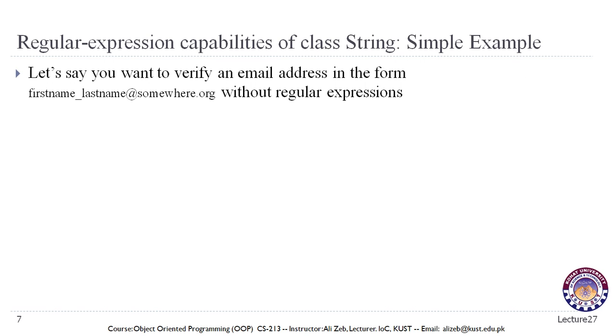Let's say for example you want to verify an email address in the form of a given first name, underscore, last name, @ somewhere.org, without regular expressions. Now we have dedicated classes for using regular expressions, but we will try to use the regular expressions that are provided by the String class.